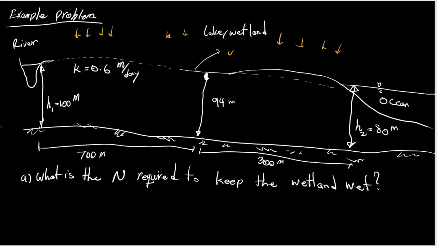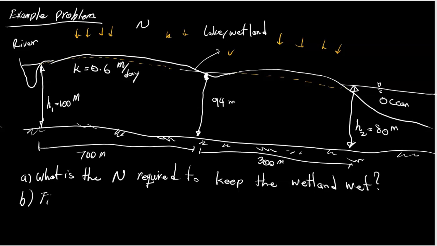So technically, if this is my wetland, I want to make sure that we have enough N so that this wetland will remain wet. Here N is unknown, and we would like to find it.